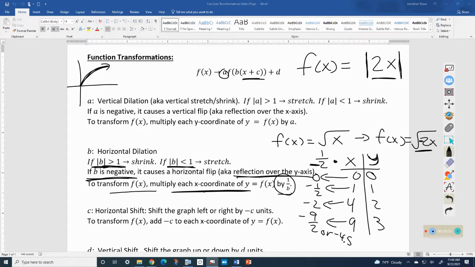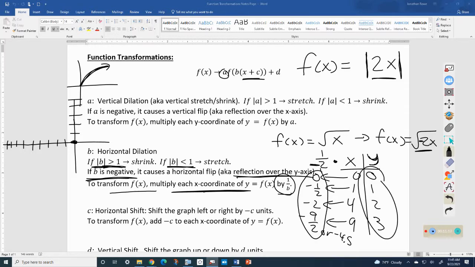Right? So now, what do those ordered pairs look like? I got 0, 0. I got negative 1/2, 1. So these are my ordered pairs I'm graphing, by the way. 0, 0, negative 1/2, 1. So negative 1/2, 1 would be here.